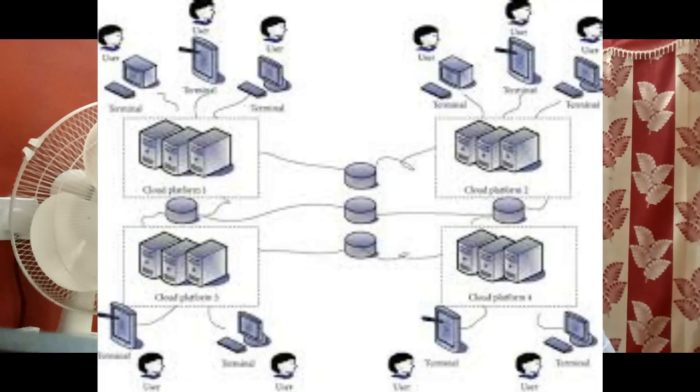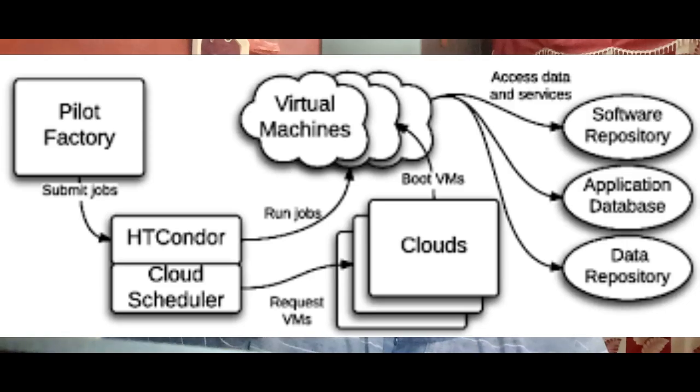Next is fault tolerance and redundancy. With data spread across multiple locations, there is an inherent level of redundancy which helps prevent single points of failure and ensures high availability.